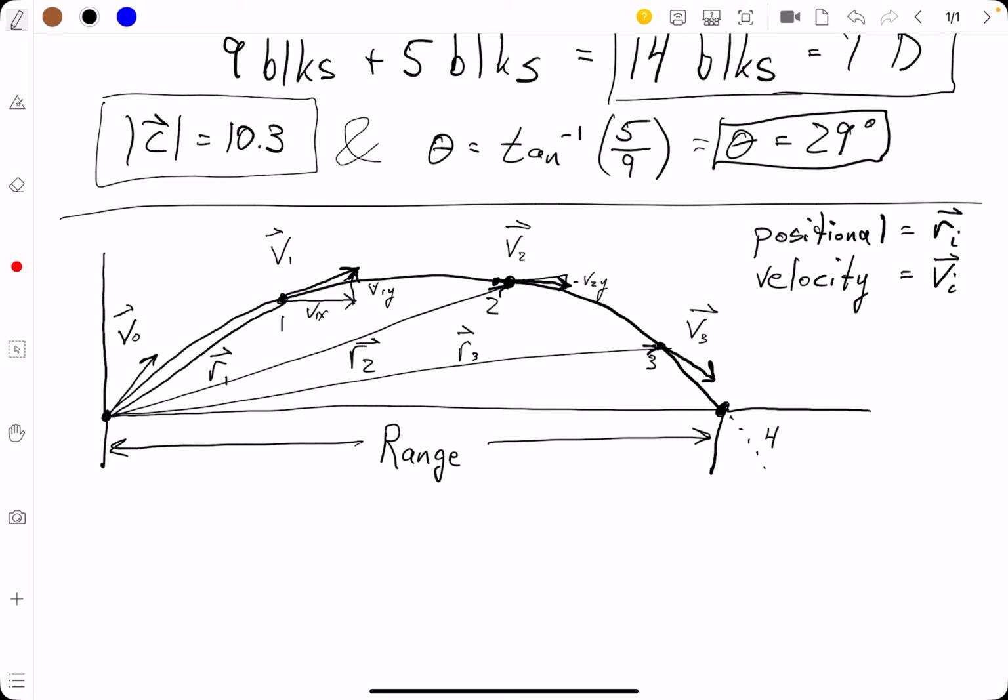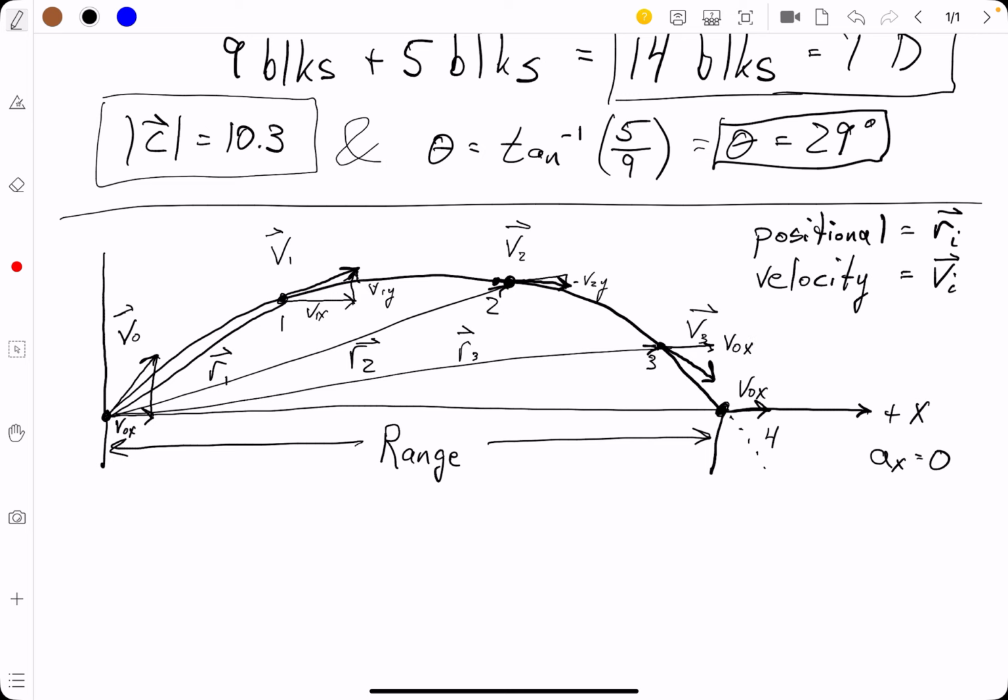Why is V1x the same throughout? Because there's no acceleration in the x direction. Ax equals 0. So when you initially start off with V0x, it's not going to change. You will always have V0x at every single point along the way.